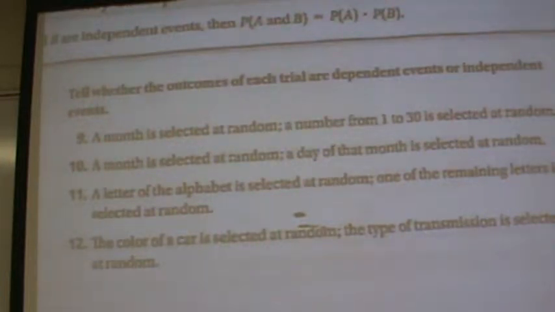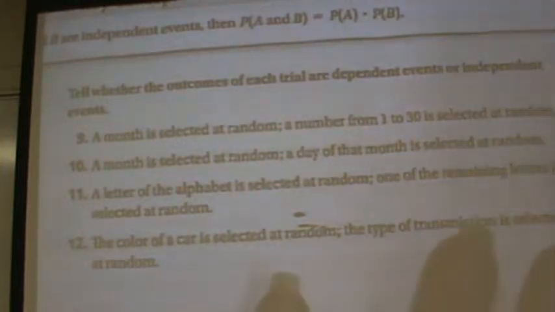So let's talk about it. Number 9, if you selected a month at random, so January to December, and then you select a number from 1 to 30, does one depend on the other? No, they're totally independent.